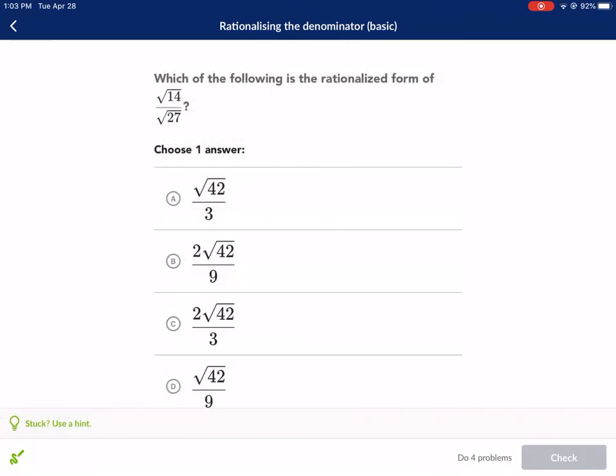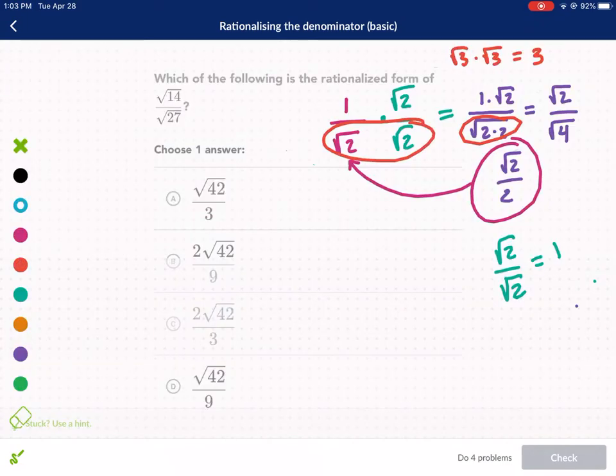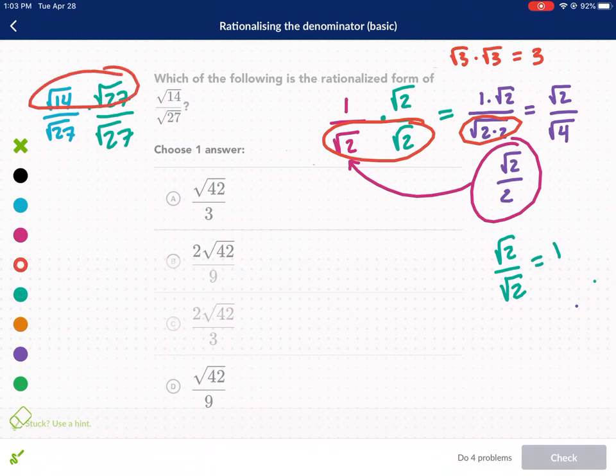Okay, so the problem at hand is the square root of 14 over the square root of 27. The first instinct may be to multiply the square root of 27 over the square root of 27. And you would not be wrong doing this. However, multiplying 14 times 27, if you don't have a calculator, could be a little problematic and would take a little bit of time.